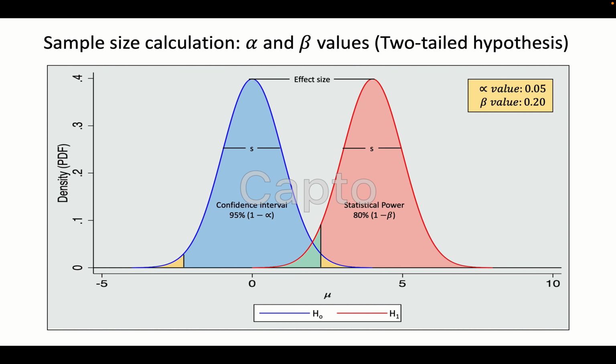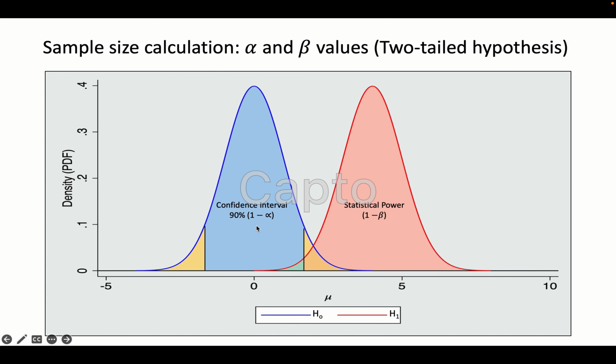By the way, this blue area represents the 95% confidence interval, this area is 2.5%, and this area is 2.5% of the area under the curve. So that comes to 100%, right?